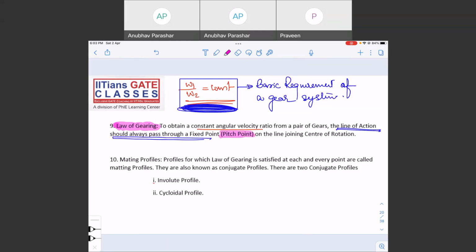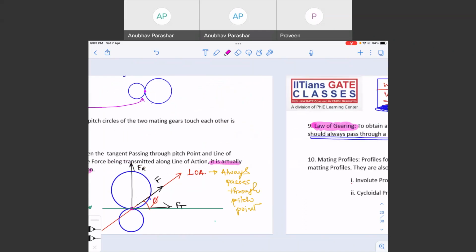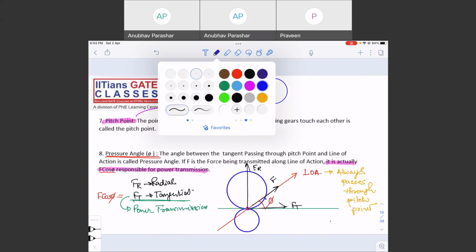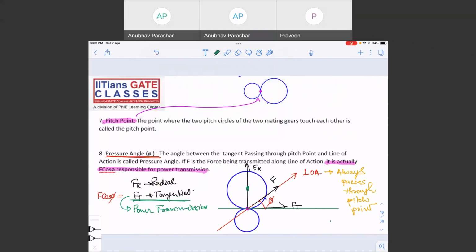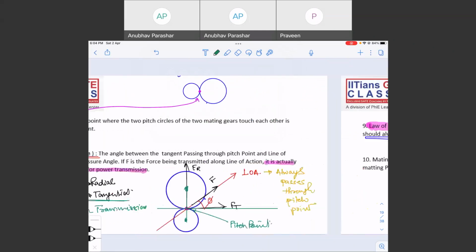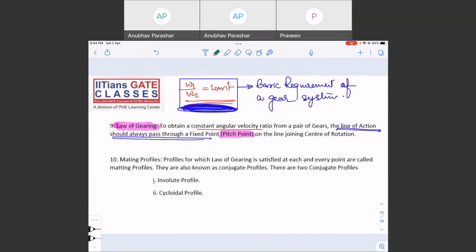Definitely, the pitch point lies on the line joining the centers of rotation. This is one of the centers of rotation, and this is the pitch point. It lies on the line joining the centers of rotation. This is the law of gearing, right?